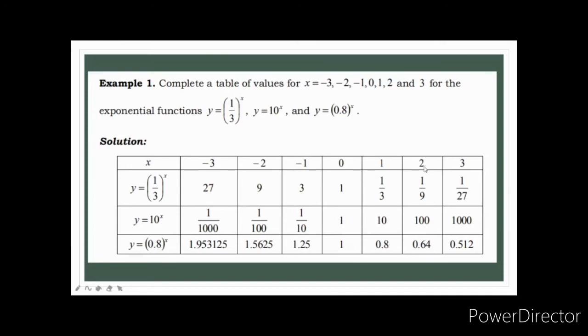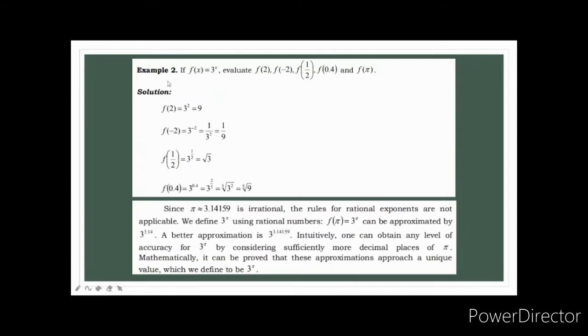If x is positive 2, 0.8 raised to positive 2, we have 0.64. For x is positive 3, 0.8 raised to positive 3, we get 0.512.